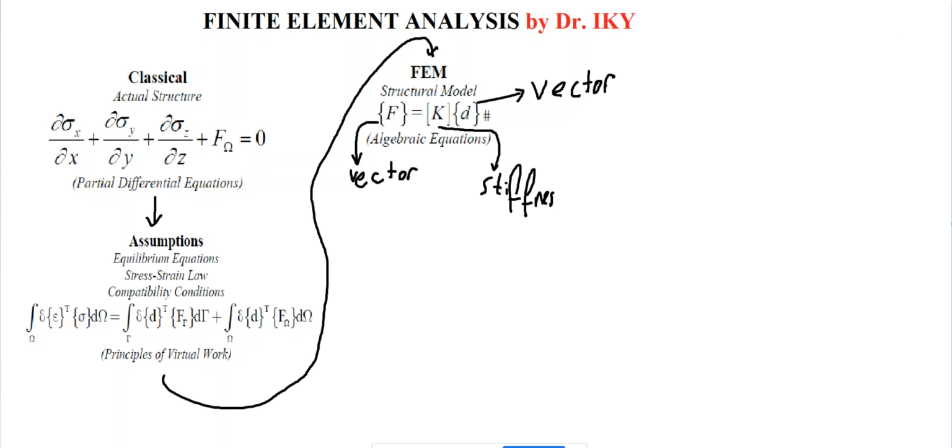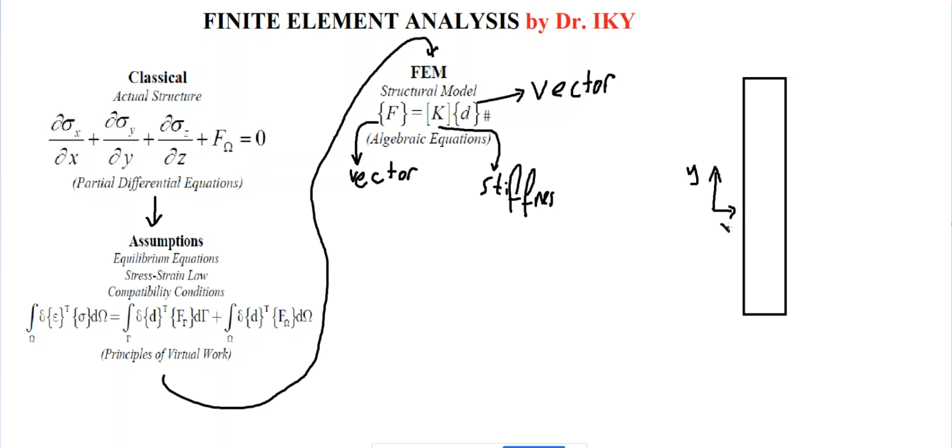Let me draw it to you. If this is the sample, we have direction of y and direction of x in global, but we can say 1 in local, 2 in global. You have got a result for direction 1, but how can we get the result for direction 2? Maybe you need to use strain gauges.